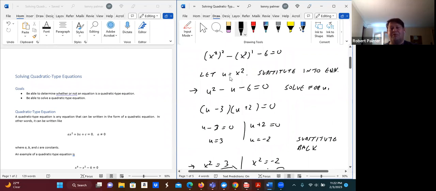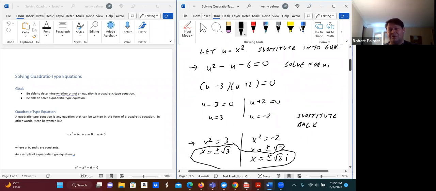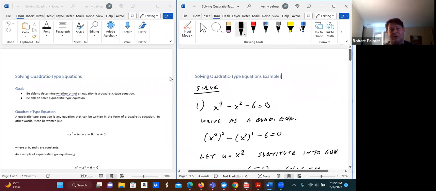Once you get your solutions, plug back in for x to get your original variable, and then just solve that. That's how we can solve a quadratic type equation.